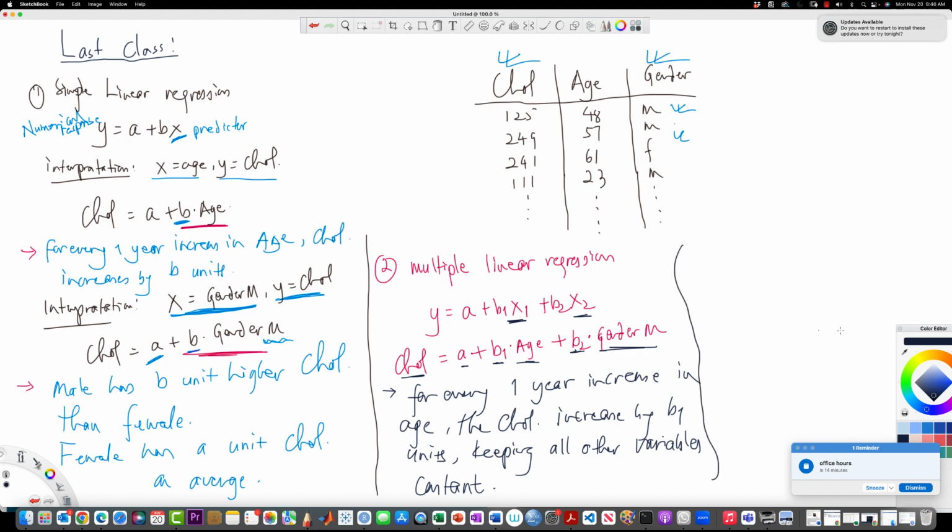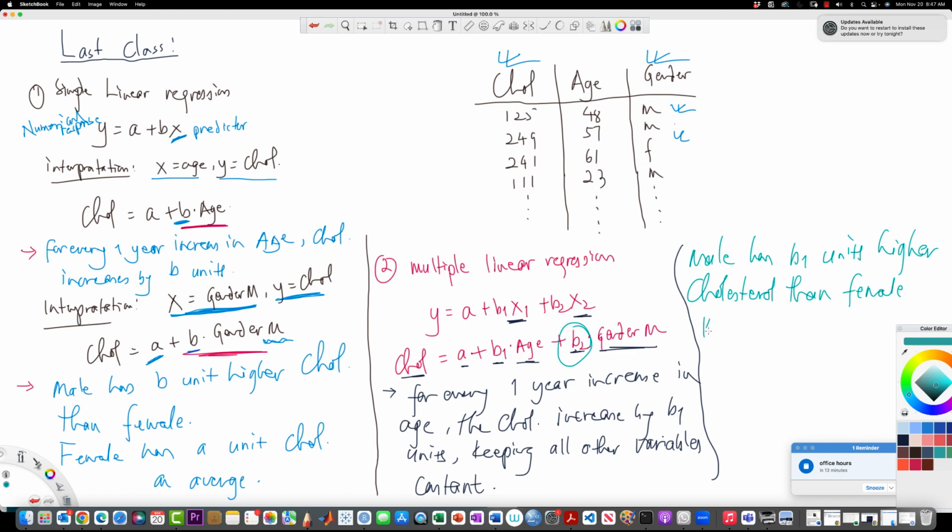Similarly, for gender male, b1 and b2 are the regression coefficients. You can say that male has b2 units higher cholesterol than female, keeping all else constant.